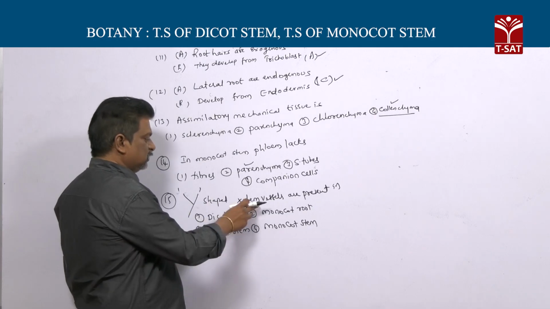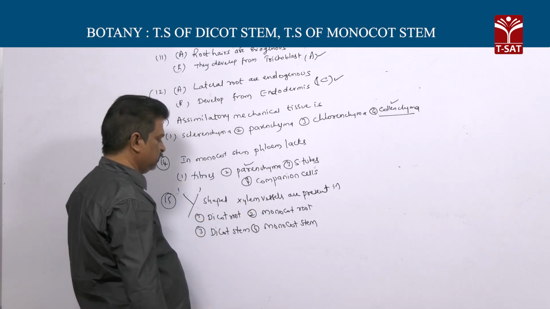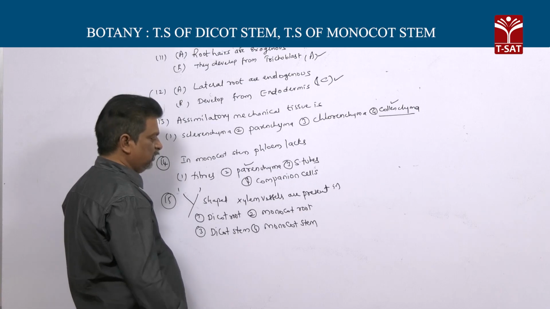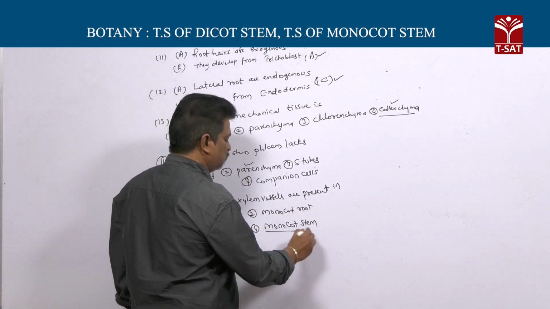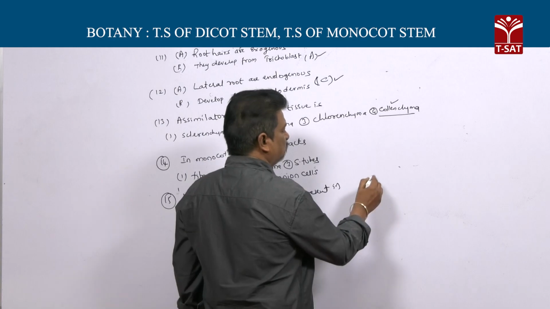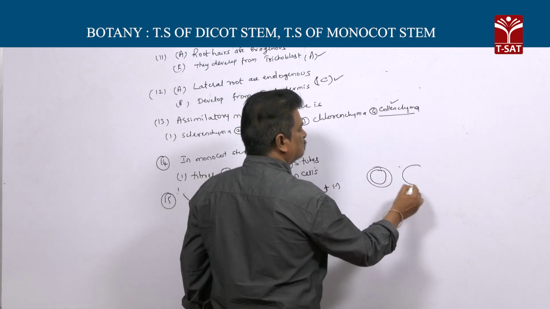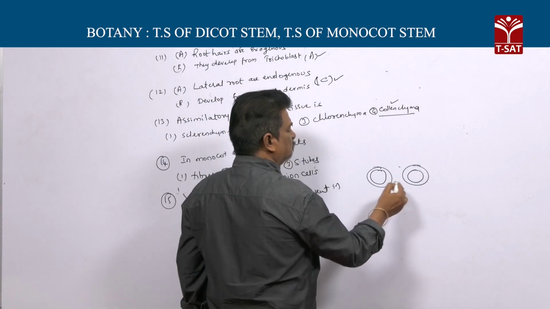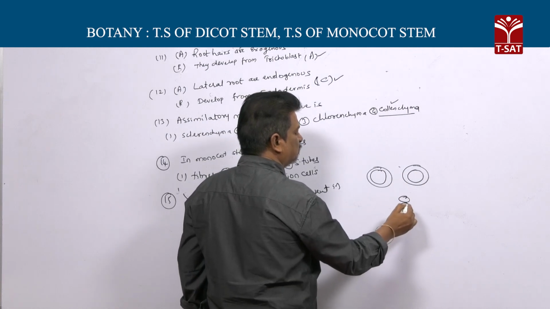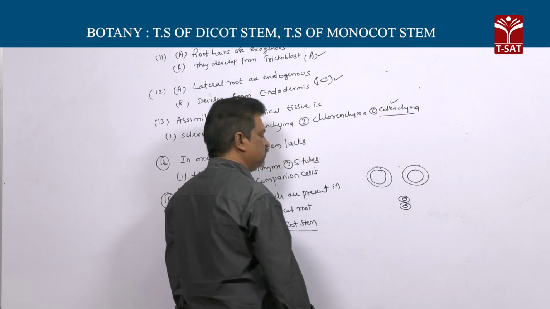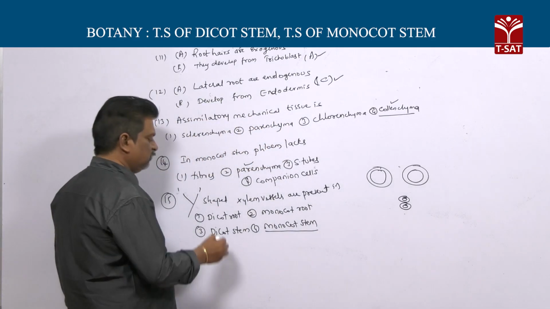Then, Y-shaped xylem vessels are present in monocot stem. Actually, in monocot stem, xylem vessels are few. Among those few, there are 2 metaxylem vessels and 2 protoxylem vessels. They are arranged in a Y shape.